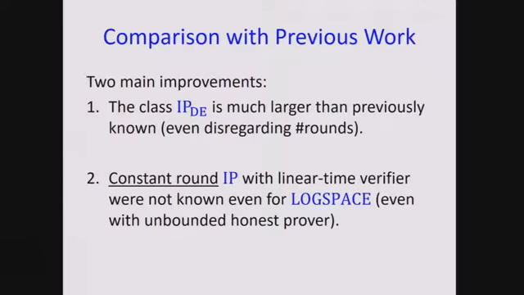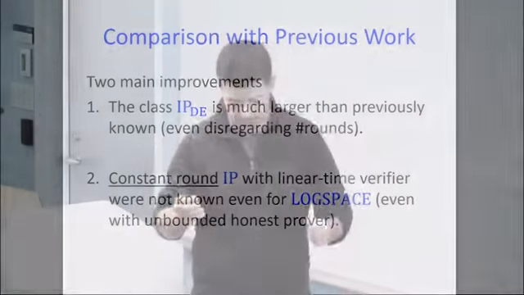I just want to stress that this protocol improves on what was previously known in two aspects. One thing is that even if we disregard the fact that it's a constant round protocol, it shows that this class, IP doubly efficient interactive proofs, contains not only bounded depth computation but also bounded space, which was not known previously, even if we ignore the number of rounds.